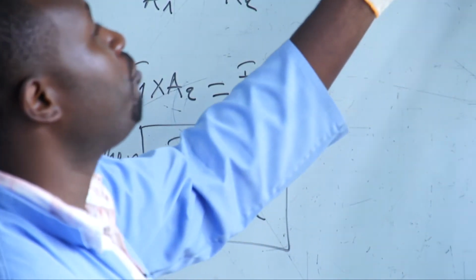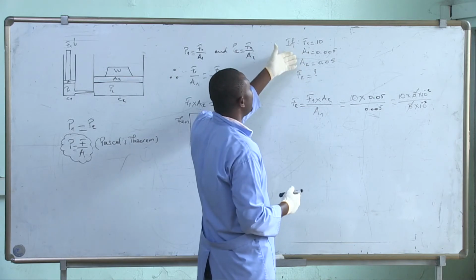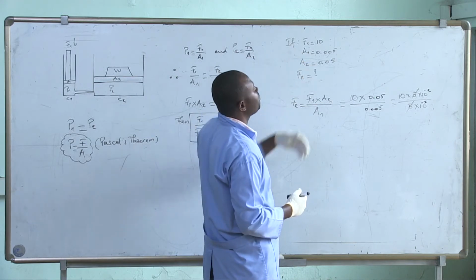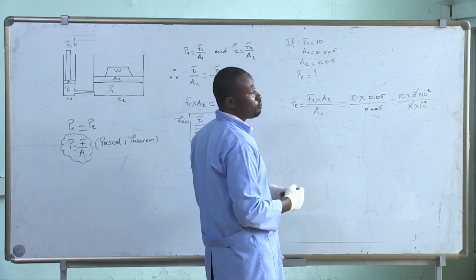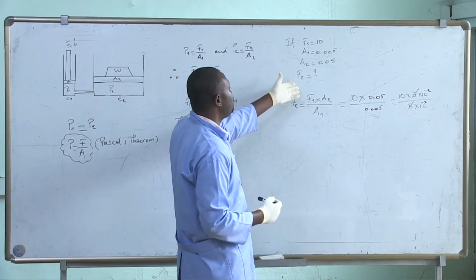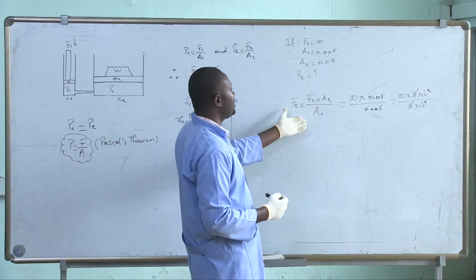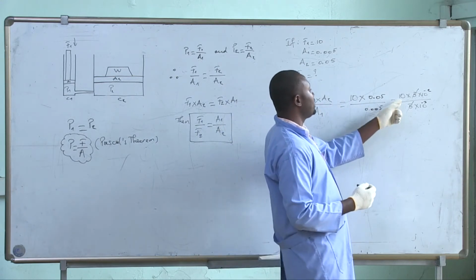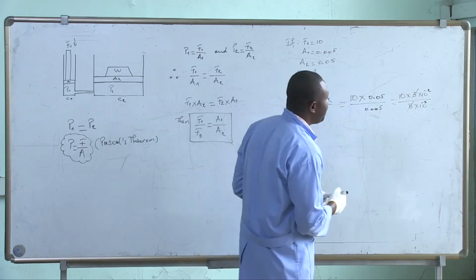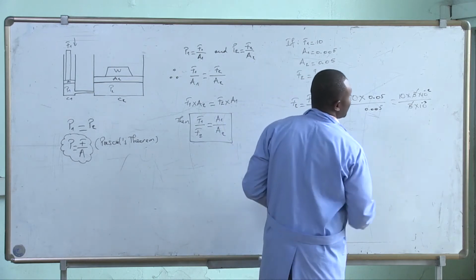Imagine F1 to be 10 Newton, A1 to be 0.005 square meters, and A2 to be 0.05 square meters. What might be F2? By applying the formula and replacing all values, we get 10 times 5 times 10 power negative 2 over 5 times 10 power negative 3.